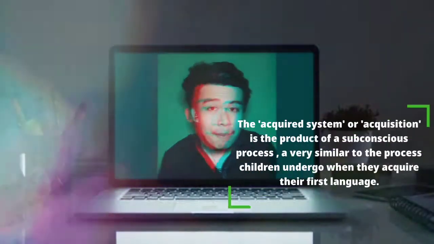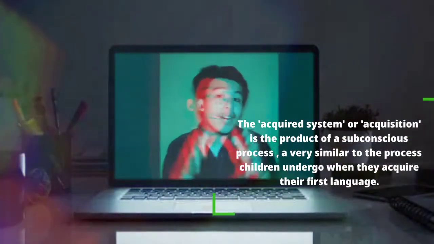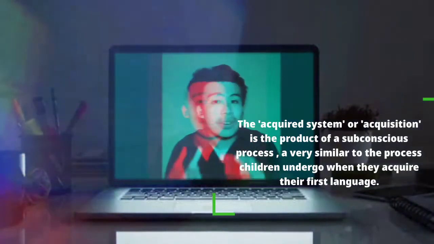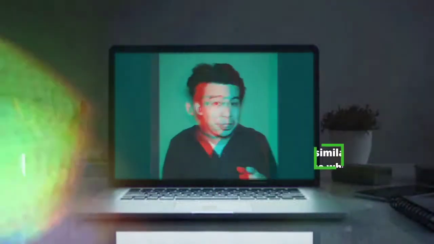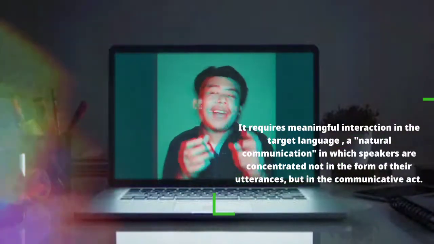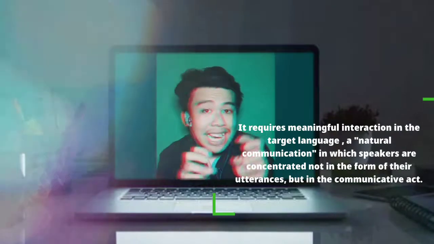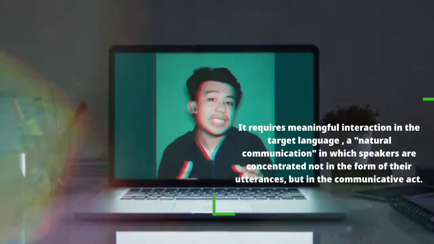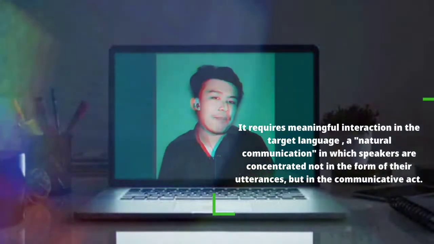The acquired system, or acquisition, is a product of a subconscious process, very similar to the process children undergo when they acquire their first language. It requires meaningful interaction in the target language, a natural communication in which speakers are concentrated not on the form of their utterances but on the communicative act.